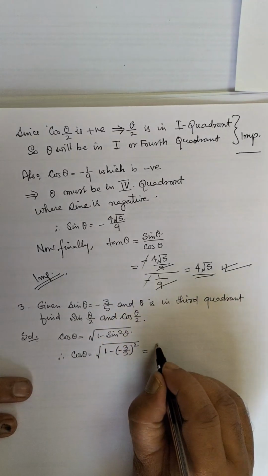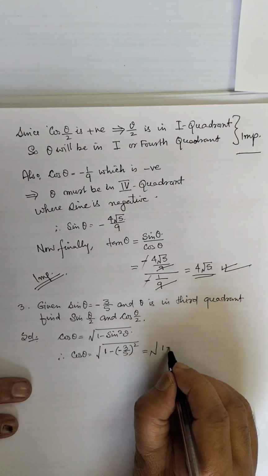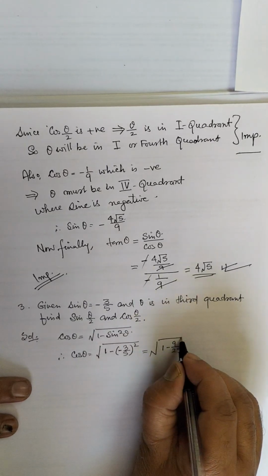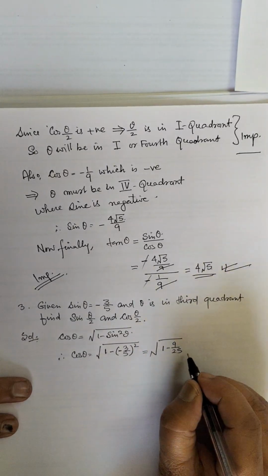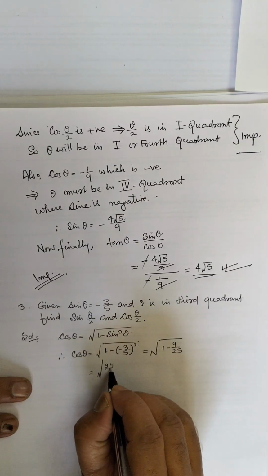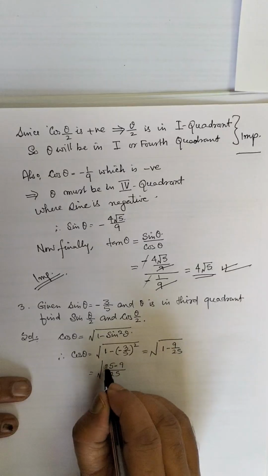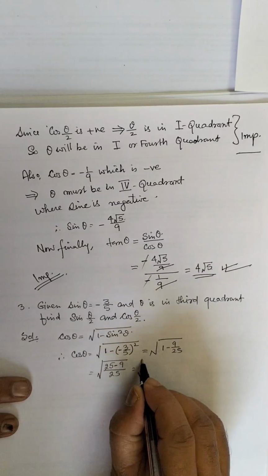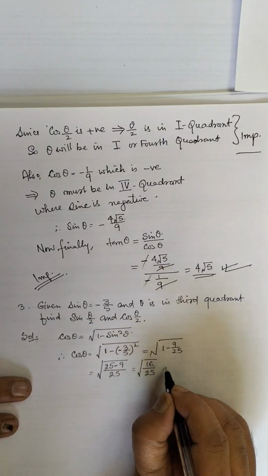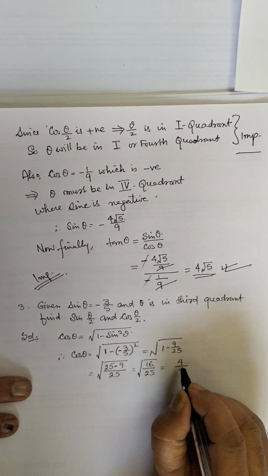This will become root of 1 minus 9 on 25, and that is under root of 25 minus 9 upon 25, which is root of 16 on 25, and that is plus or minus 4 by 5.